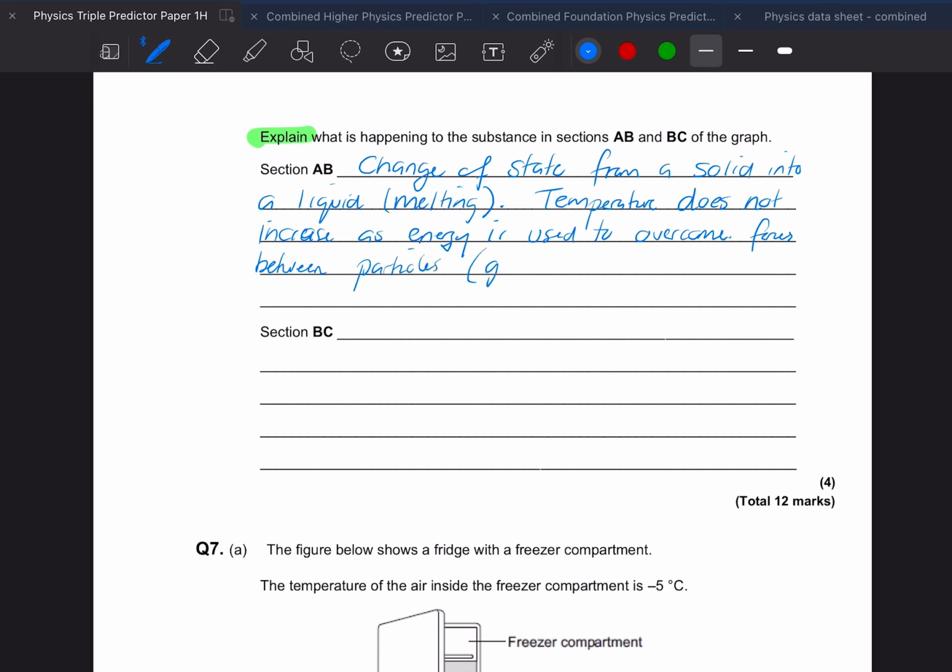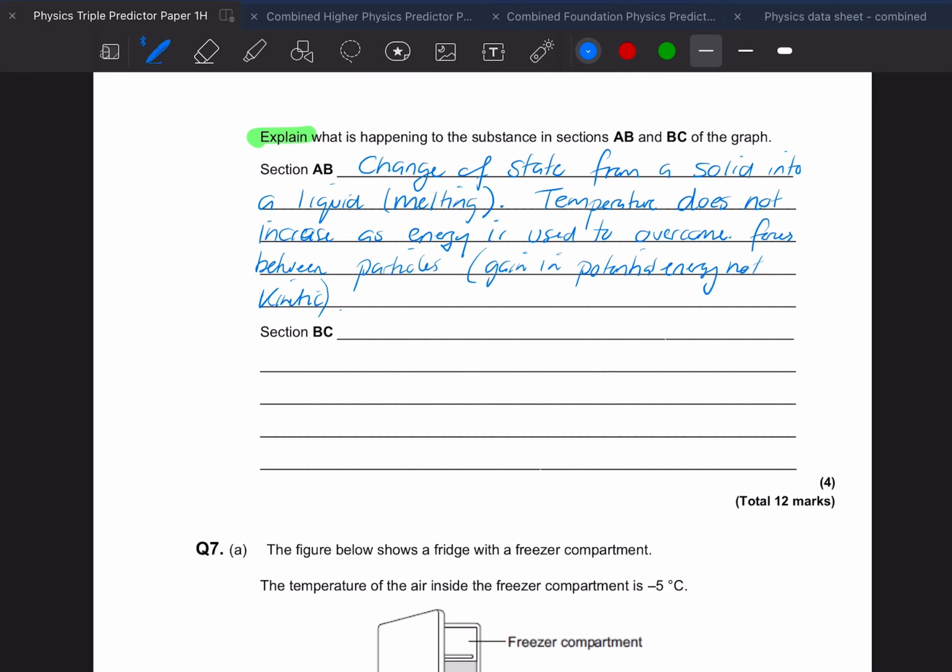And we say that that is a gain in potential, not kinetic. So, explain what is happening. We've got a change of state, and the temperature doesn't increase as the energy is being used to overcome the force between the particles. So the potential energy is increasing, not the kinetic.